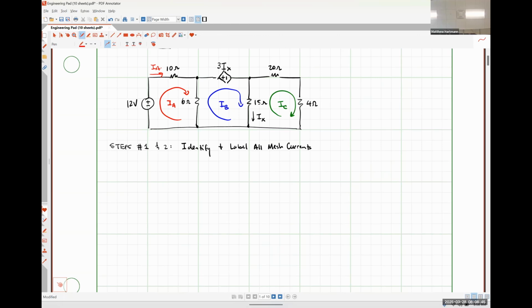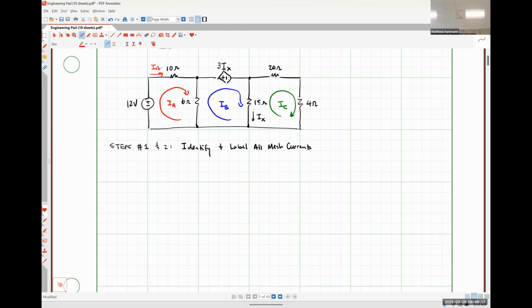Okay. I have purposefully defined all of my mesh currents to flow in a clockwise direction around each one of those small square paths. Okay. We don't have to choose a clockwise direction. We could choose counterclockwise, or we could choose some as clockwise and some as counterclockwise. It just makes the math a little bit more difficult to follow. I will always set up my mesh currents in this way, flowing clockwise around these loops.